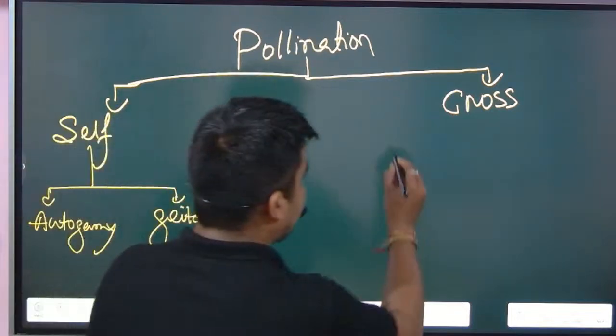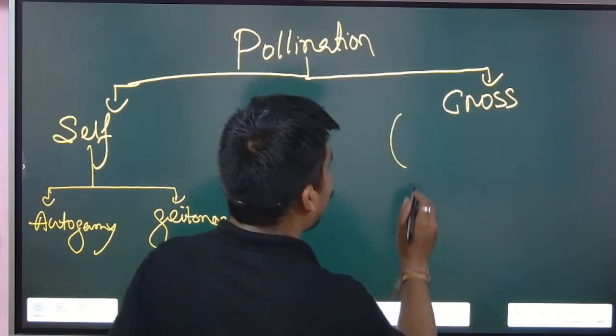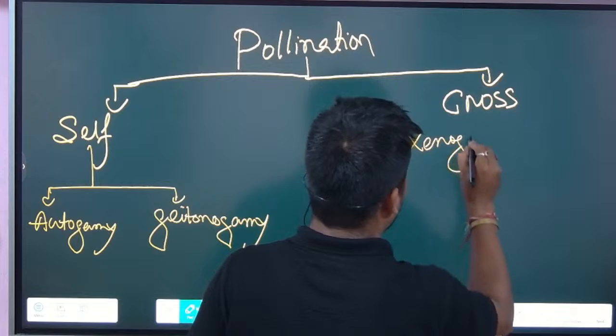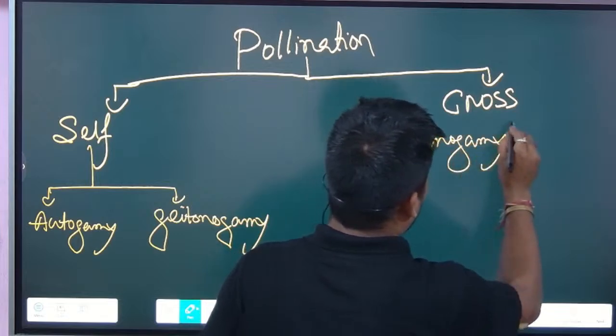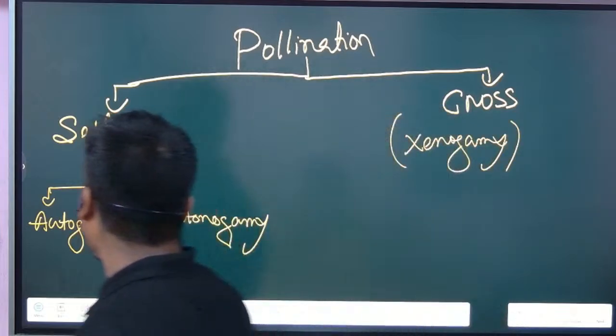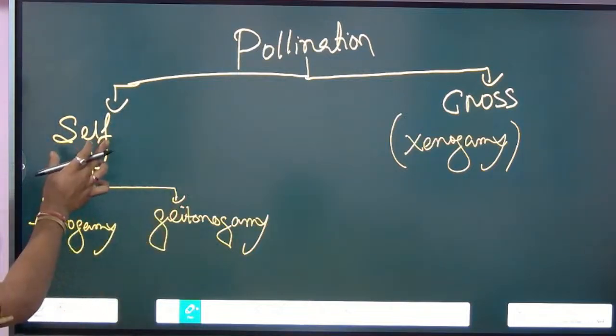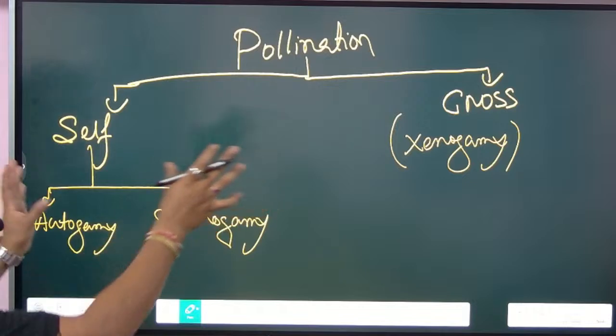The other word for cross pollination is xenogamy. Now we have to learn what is autogamy, what is geitonogamy and what is xenogamy.